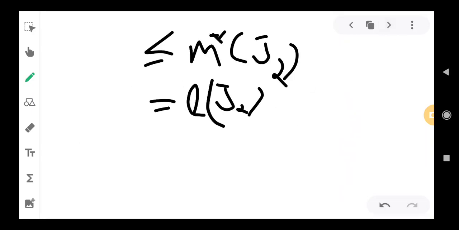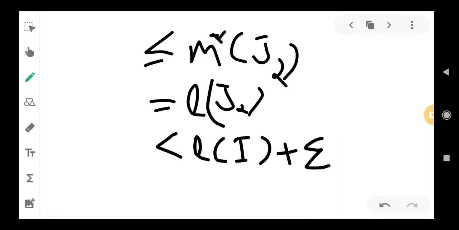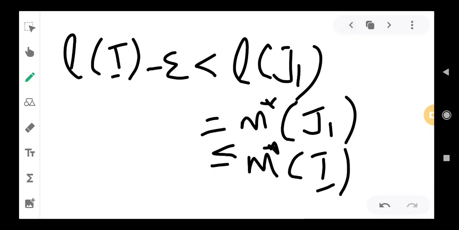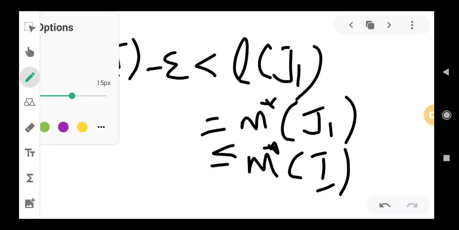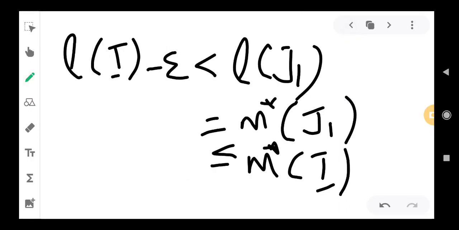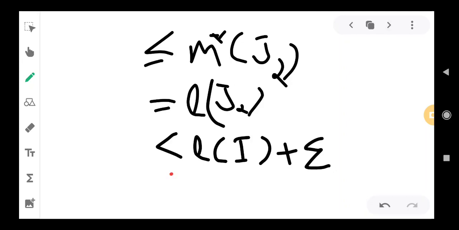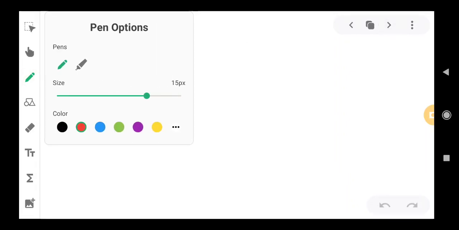So we reach the inequality: length of I minus epsilon is less than or equal to m star of I, which is less than or equal to length of I plus epsilon.